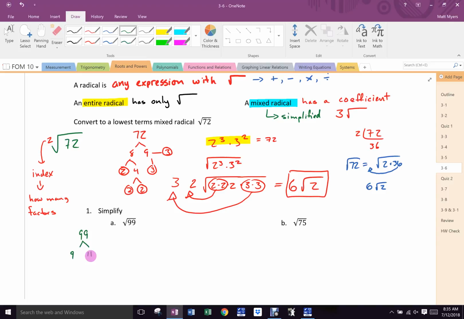Because you can divide 9 by 3, and you can get a square root. 9 has a square root, exactly, yes? This is the square root of 9 times 11, right? Does 9 have a square root? What is it? 3. So what comes out? 3. What stayed under there? 11. And it's done.